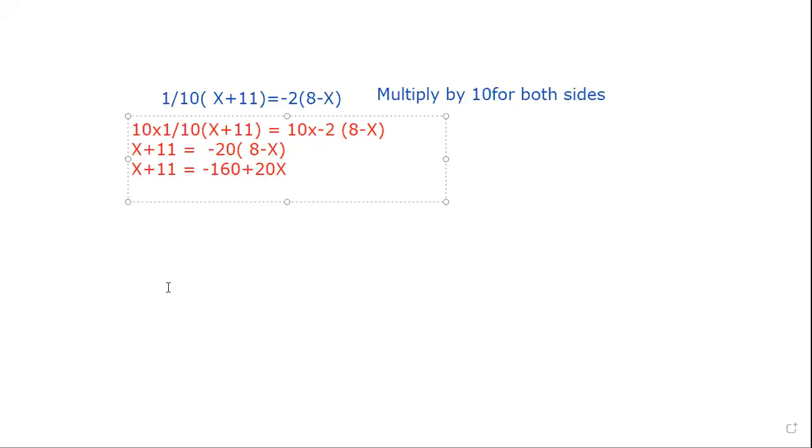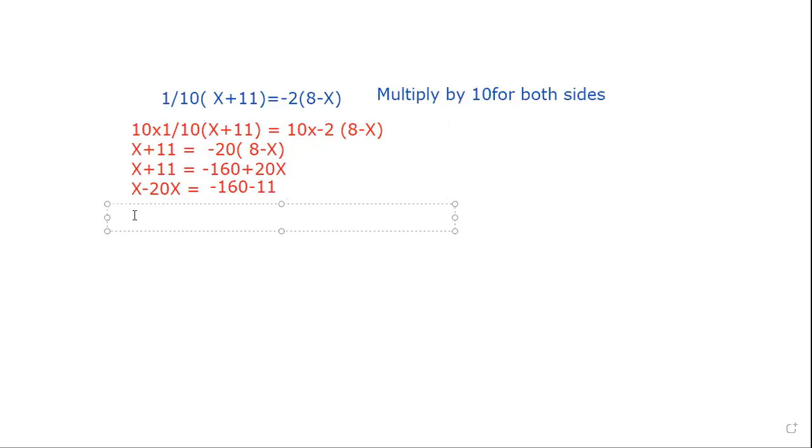X minus 20x equal negative 160 minus 11. Okay, what is the answer?